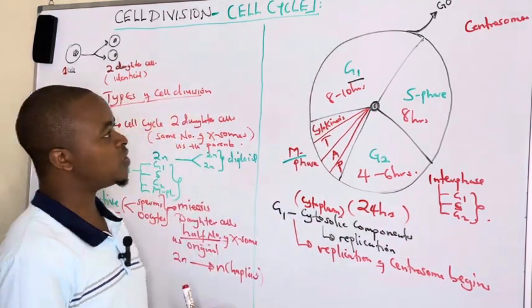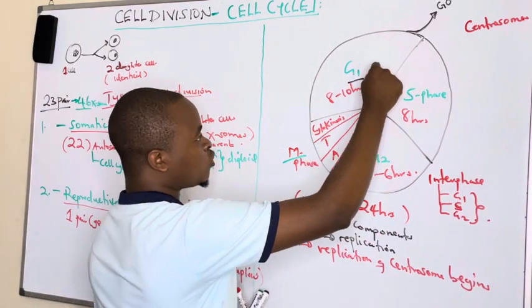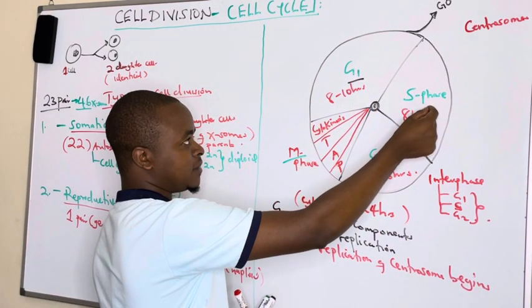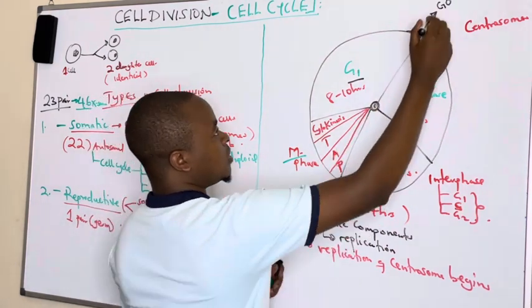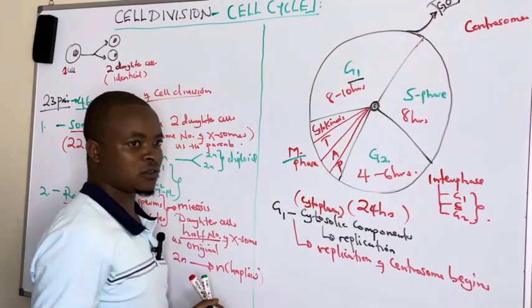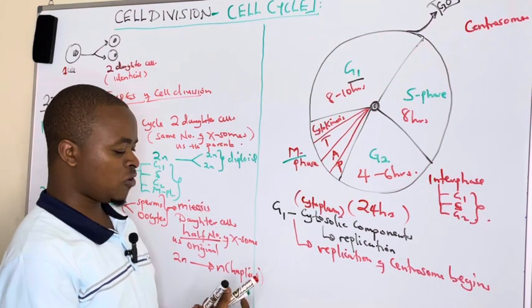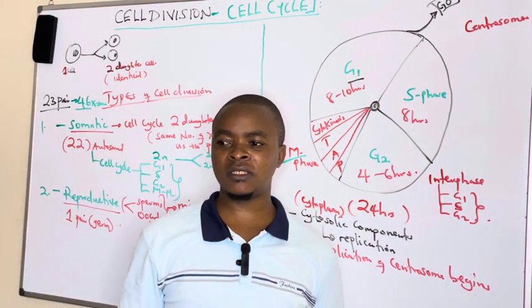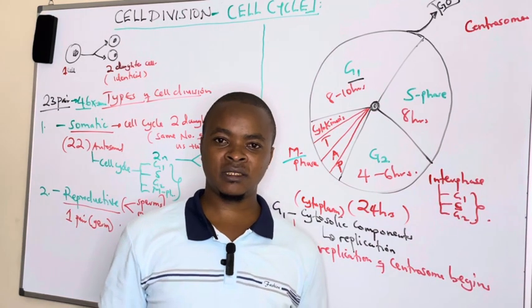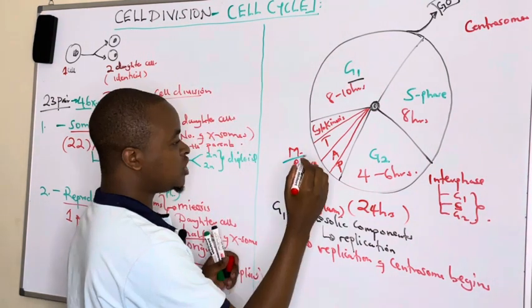And there are cells which can fail to progress from G1 to S phase. And these cells undergo what we call G0 phase. And these cells that undergo G0 phase, or which take longer in gap 1 phase, they fail to replicate.